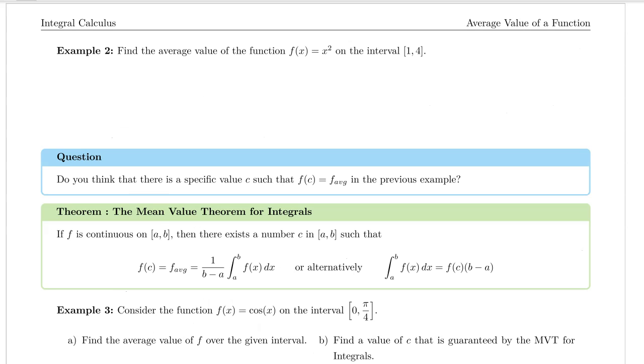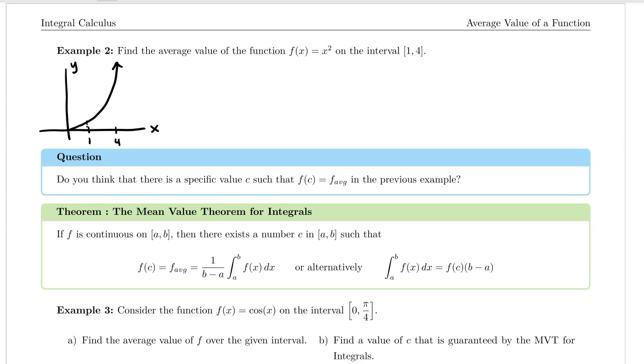So let's use that formula that we just derived to help us with example 2, which says find the average value of the function f of x equals x squared on the closed interval from 1 to 4. Just as a visualization of what we're doing, here's my y-axis, here's my x-axis, and I'm looking at the function y equals x squared between 1 and 4.